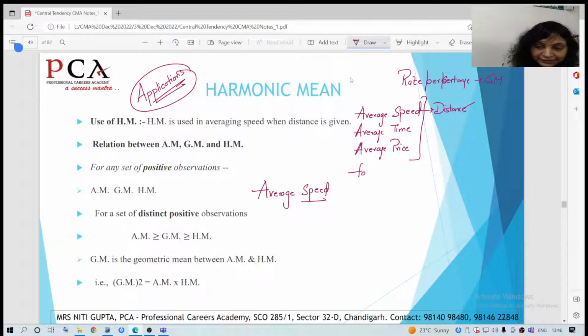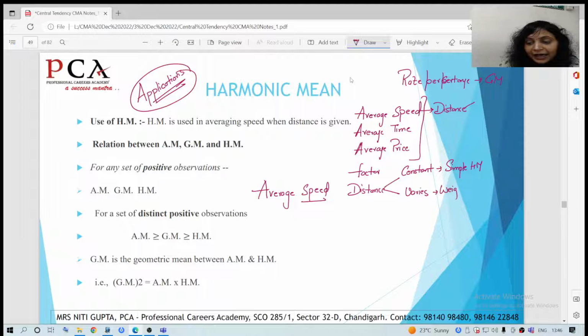The main factor is distance. If distance is constant, every time you are covering the same distance, then we compute simple harmonic mean. And if distance varies, then we compute weighted harmonic mean and we take distance as weights.